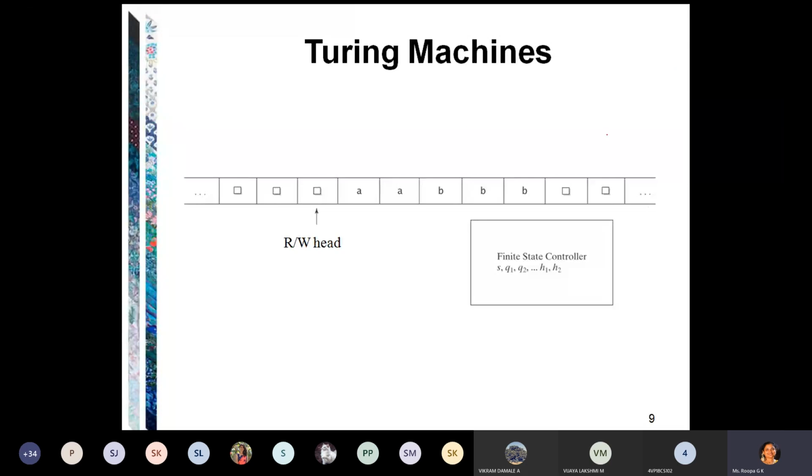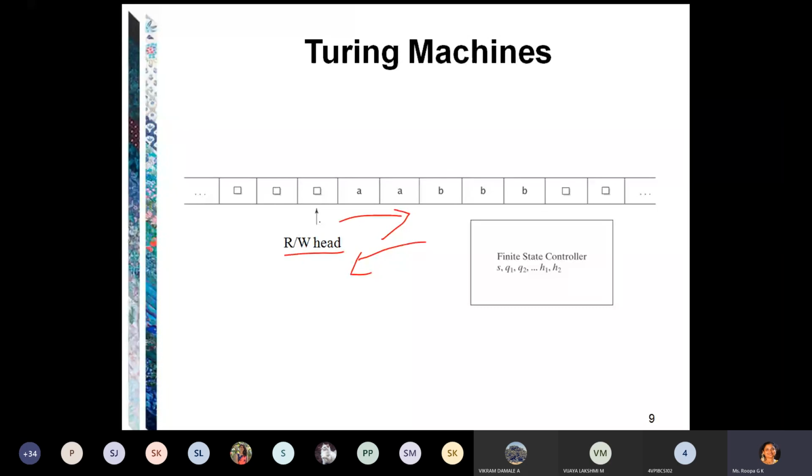Turing machine is the one which is used to recognize semi-decidable and decidable languages. One more important thing behind this Turing machine is that we have a read-write head which can move from left to right as well as from right to left. In the previous two machines, PDA and FSM, we don't have the read-write head concept and we can't move right to left.